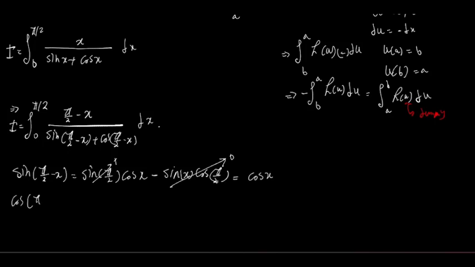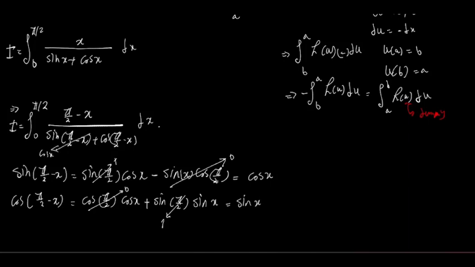We need the value of cosine of pi over 2 minus x, which is cosine of pi over 2 cosine x plus sine of pi over 2 sine x. Cosine of pi over 2 is 0 and sine of pi over 2 is 1, so this is equal to sine of x. So sine of pi over 2 minus x is cosine of x, and cosine of pi over 2 minus x is sine of x.